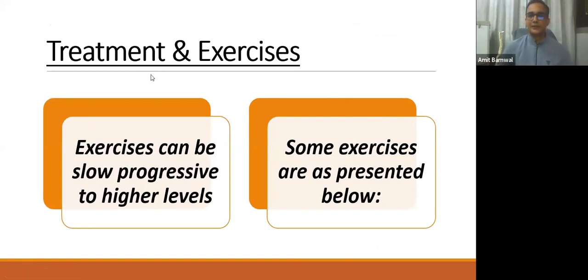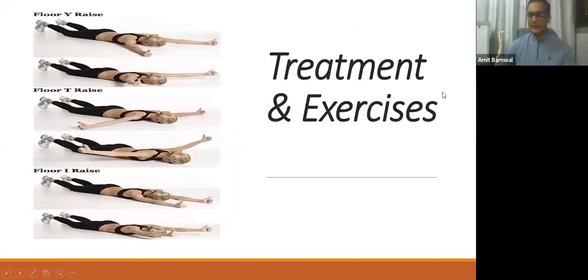So some exercises and treatment, like for muscle weakening and imbalance, we start exercise in slow progression and we go for the higher levels. I have quoted some exercises like the I, Y, and T. We ask the patient to lie prone, just to have an I-like movement like this.